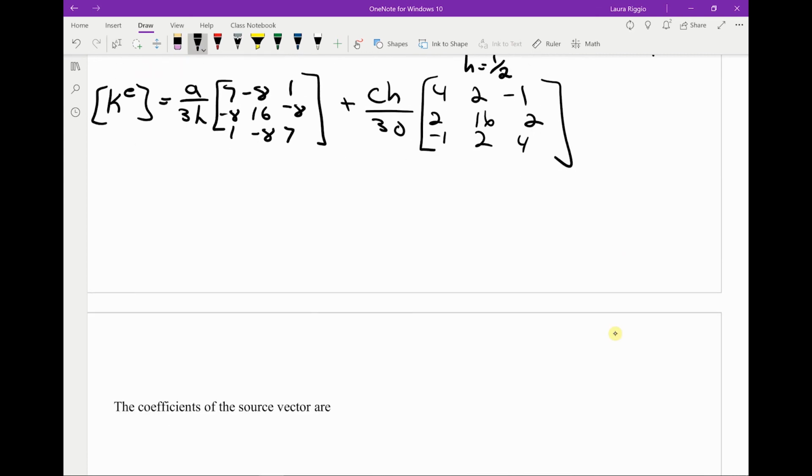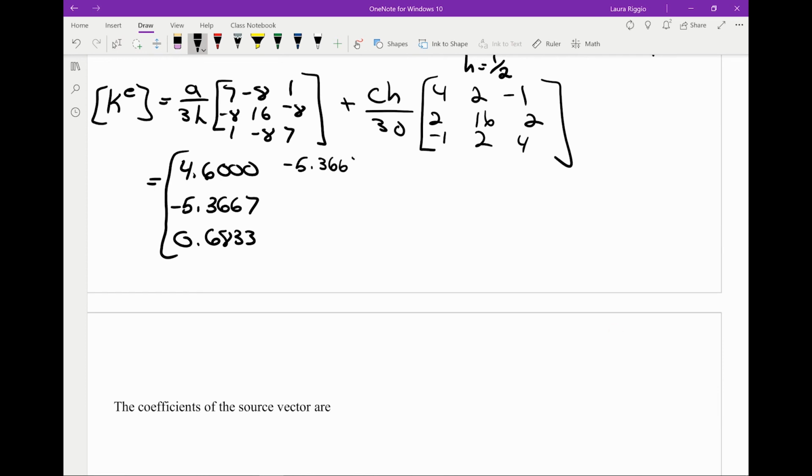Which if I plug in my numbers, gives me 4.6000 minus 5.3667, 2.6833, minus 5.3667, 10.400, minus 5.3667, 0.6833 minus 5.63367, 4.6000.